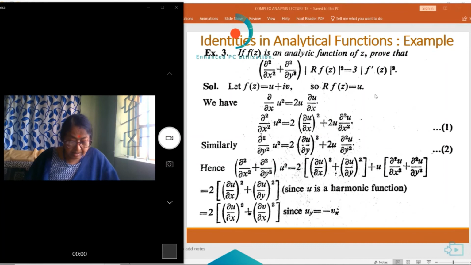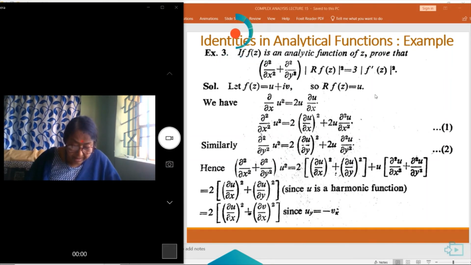So real part of f(z) is equal to u, so del by del x of u square is equal to 2u del u by del x. Next, del 2 u square by del x square is given, as you can see.